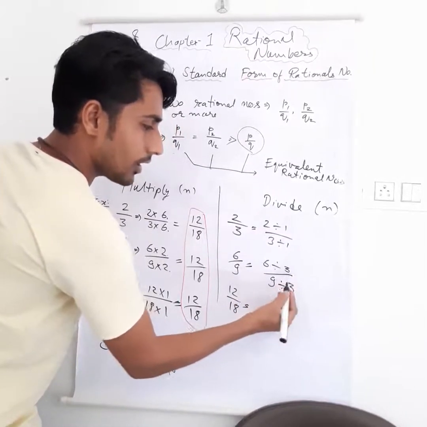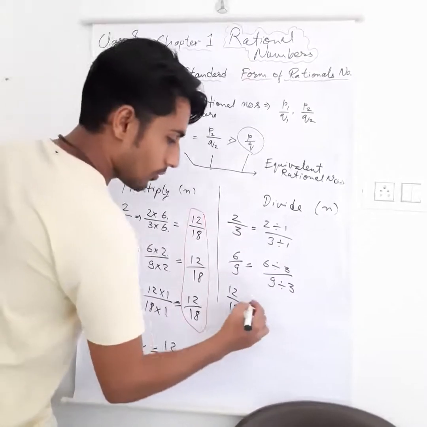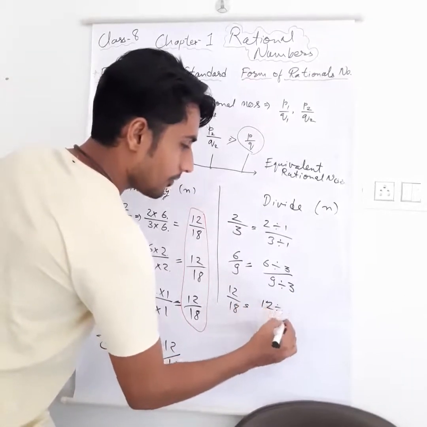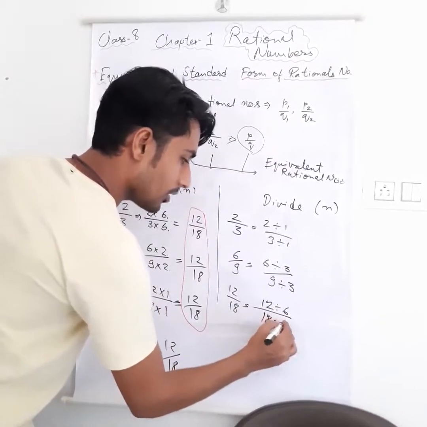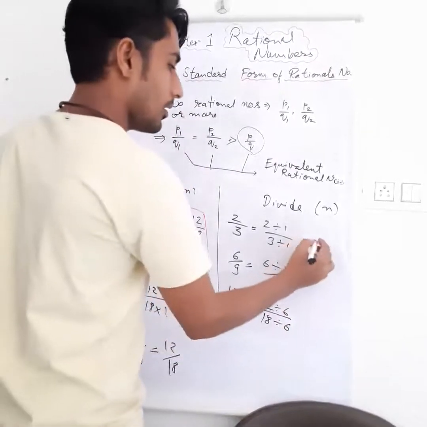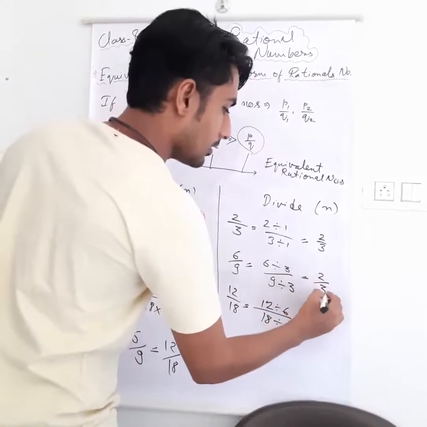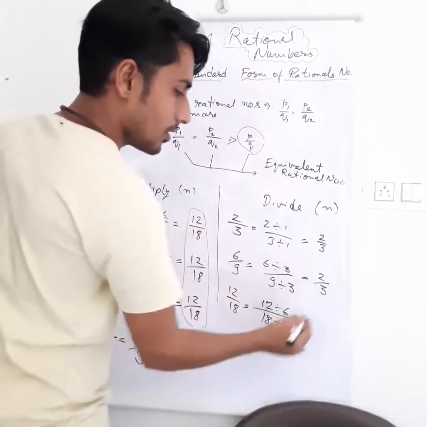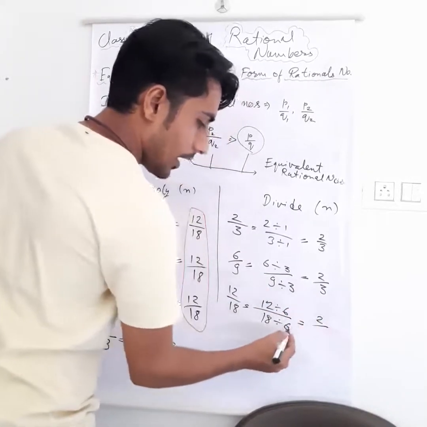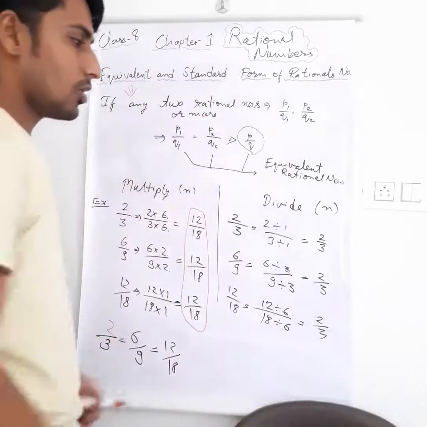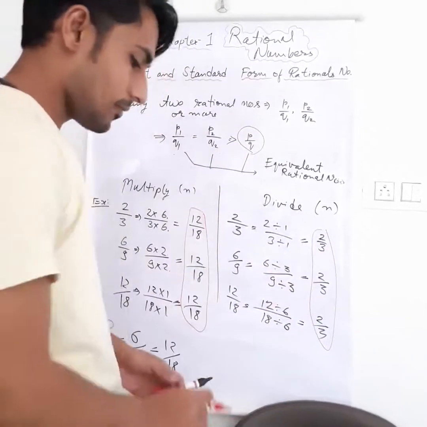Whichever number you divide the numerator by, the denominator is divided by the same. 12 is divided by 6 and 18 also by 6. What will we get? 2 by 3. Here also 2 by 3, since 3 twos are 6 and 3 threes are 9. Similarly, 6 twos are 12 and 6 threes are 18. So the result is 2 by 3 every time, the same.